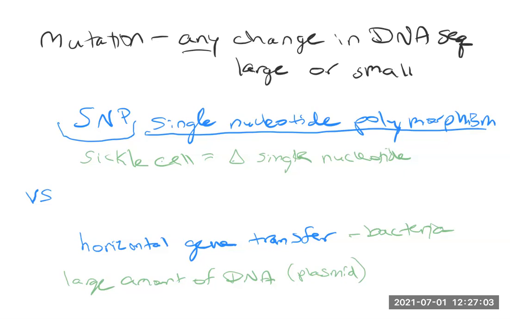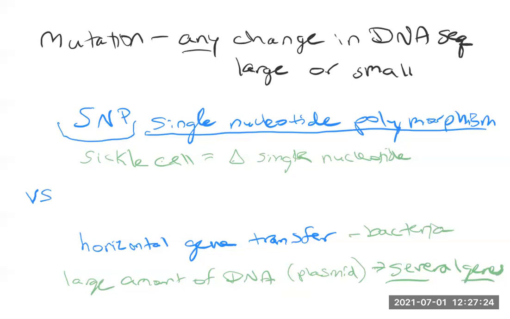And they're mostly found in bacteria. And so a single plasmid can contain many genes or several genes. And these can actually be transferred from one bacterial individual to another all in one transfer event.